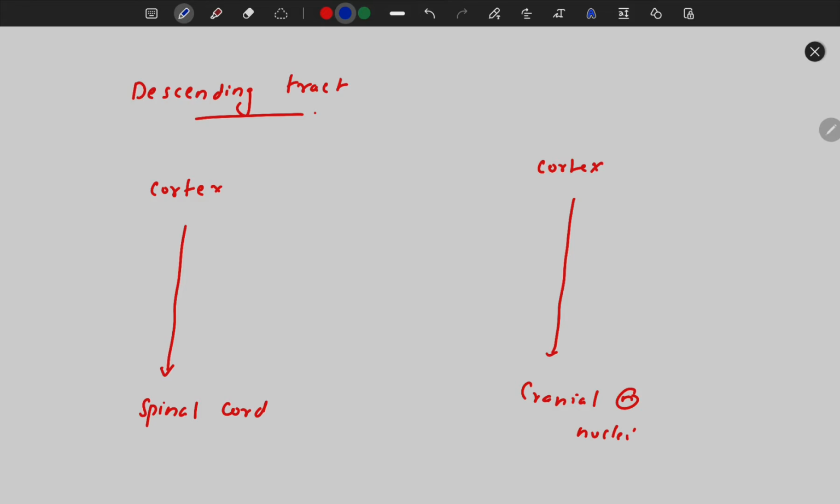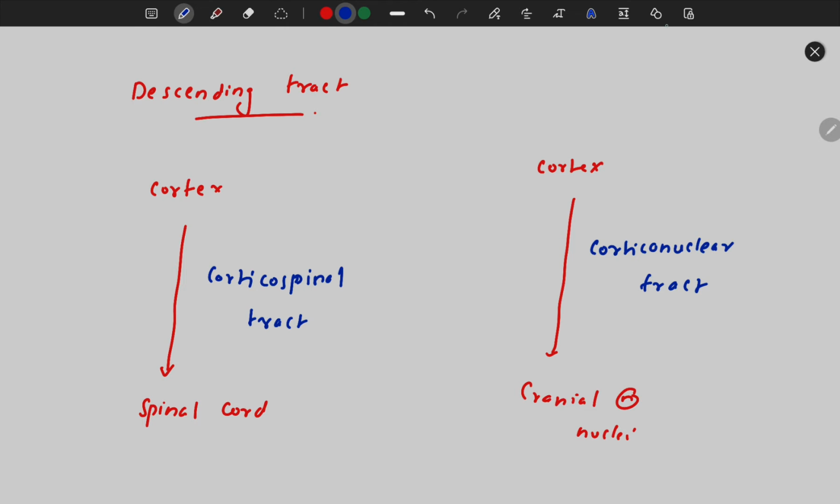In the descending tract we have the fibers from the cortex to the spinal cord, that is the corticospinal tract, and fibers from the cortex to the cranial nerve nuclei, that is the corticonuclear tract.